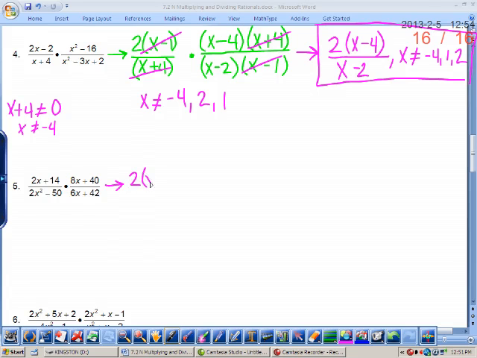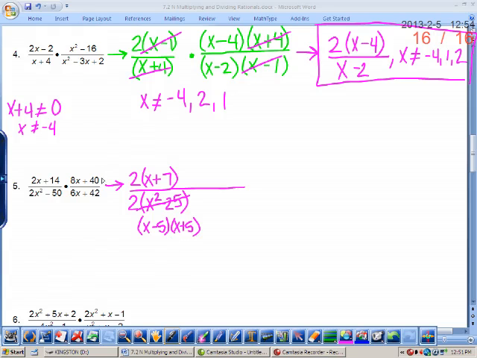It's going to be 2 times x plus 7, over, what can I pull out of 2 times x squared minus 50? So I'm left with x squared minus 25. What do you notice about that? That's a difference of squares. So you can rewrite it, or you can just write under here, what does x squared minus 25 factor into? x minus 5 and x plus 5.